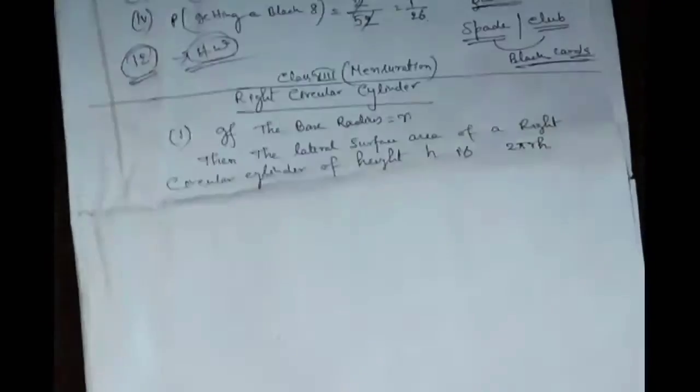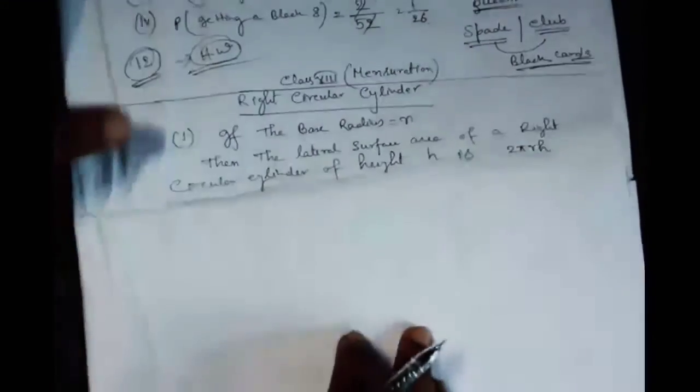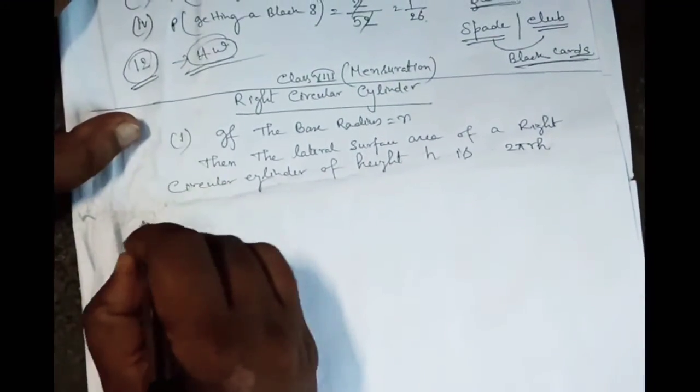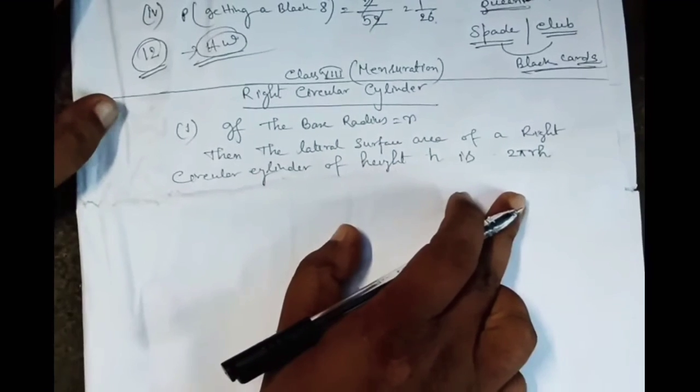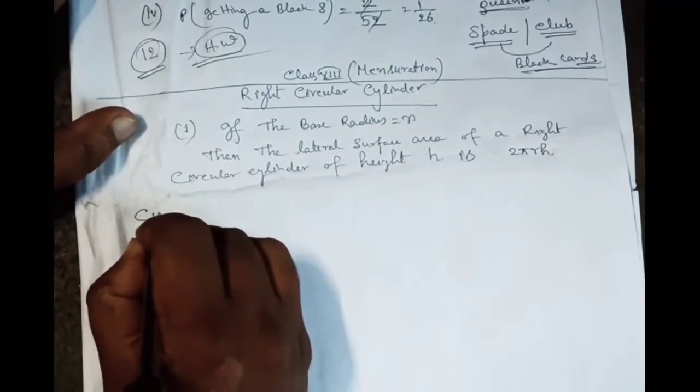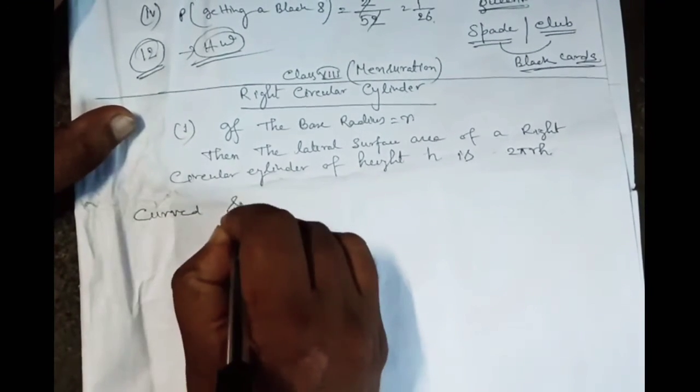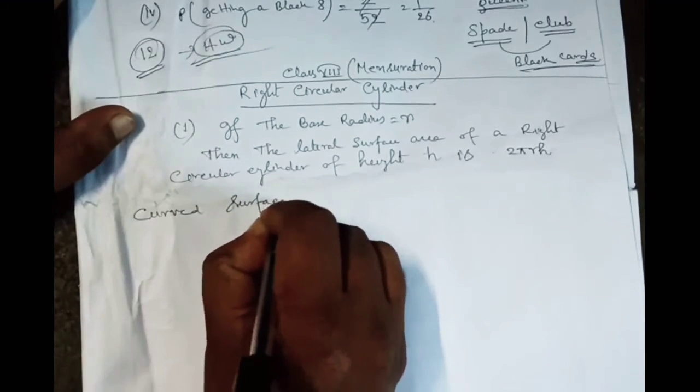This is the lateral surface area, or you can say the curved surface area of that given cylinder.